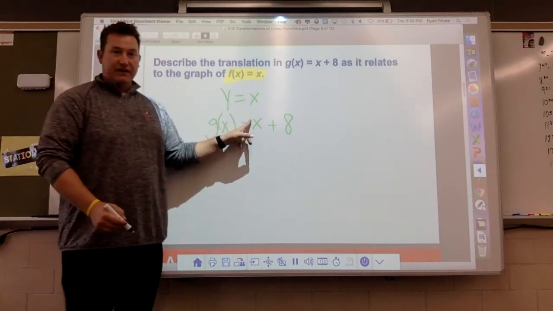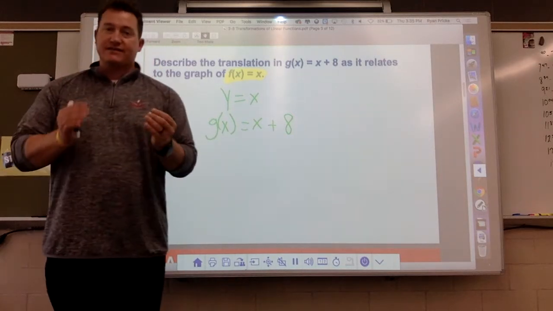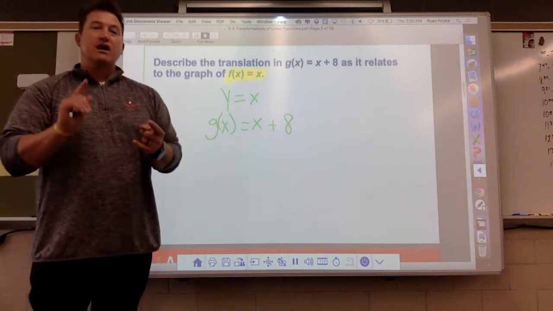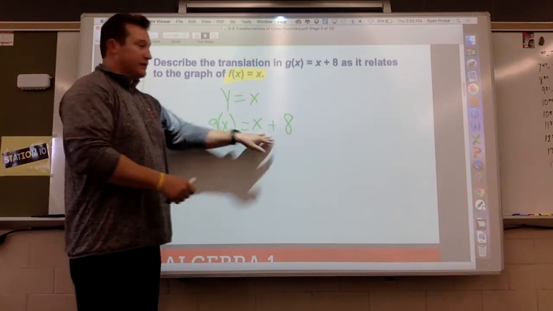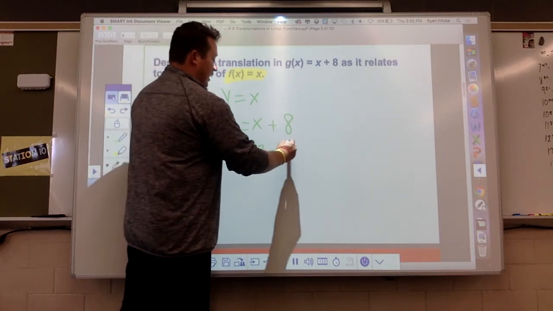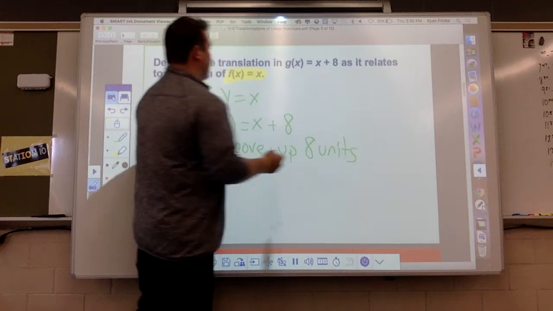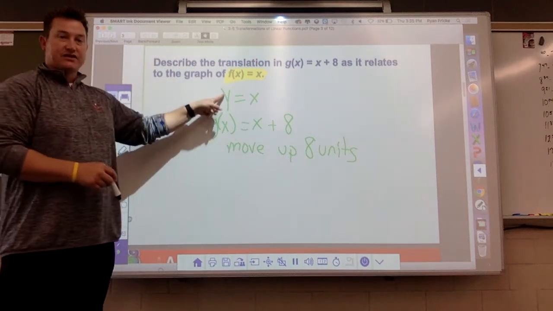So they both have an x. What does this plus 8 do? This is a number bigger than 0, so it will move up by this many units. So this graph will move up 8 units. That is how it relates to our parent function.